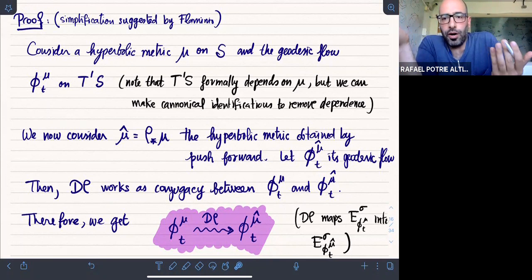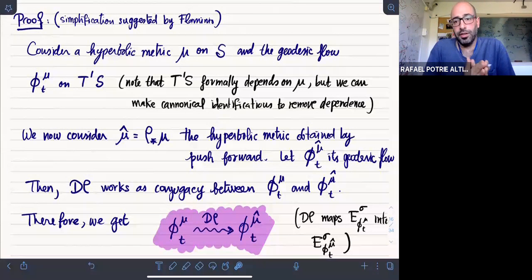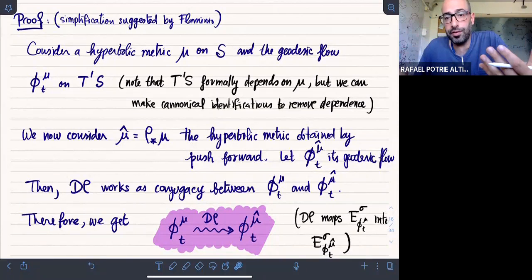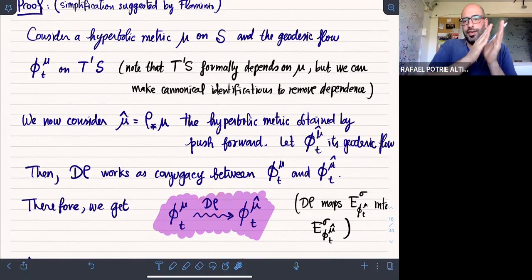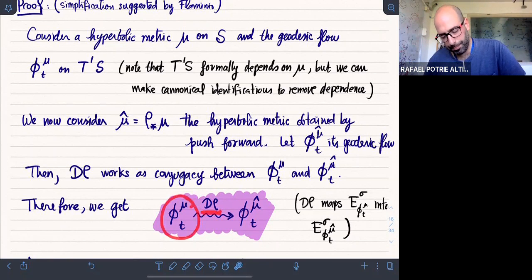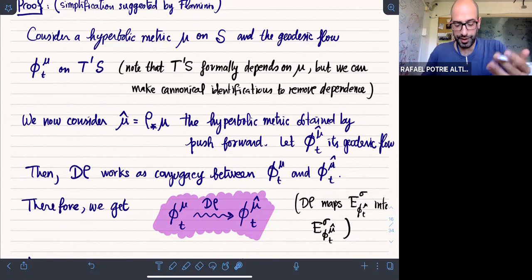But then essentially the isometry is an isometry, and so it preserves all the properties of the geodesic flow from one to the other. And so it's actually much better than this property. We are actually sending the center, the stable, and the unstable direction of this flow by this map to the center, stable, and unstable of this map here.